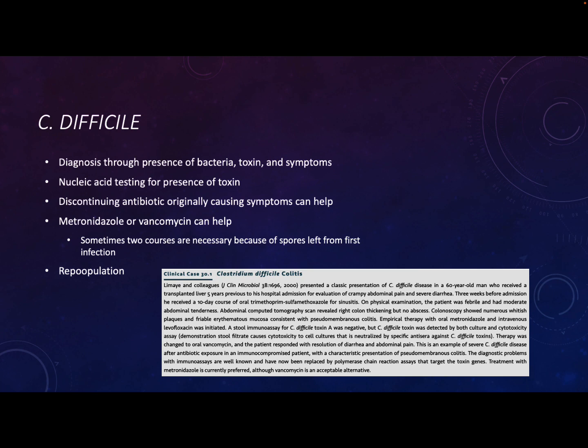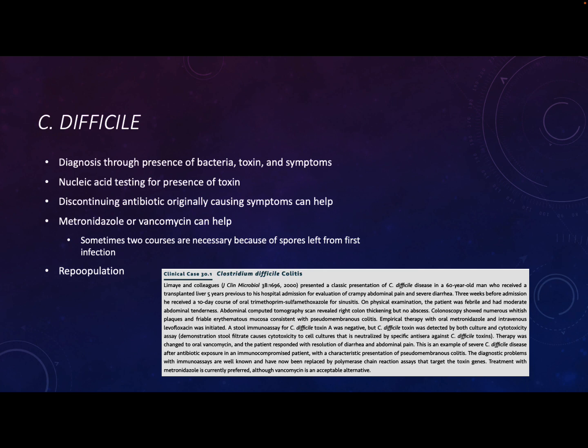So this is a classic presentation of C. diff disease in a 60-year-old man who got a transplanted liver 5 years ago. He showed up to the hospital because he had crampy abdominal pain and severe diarrhea. 3 weeks before admission, he got a 10-day course of trimethoprim-sulfamethoxazole because he had a sinus infection.